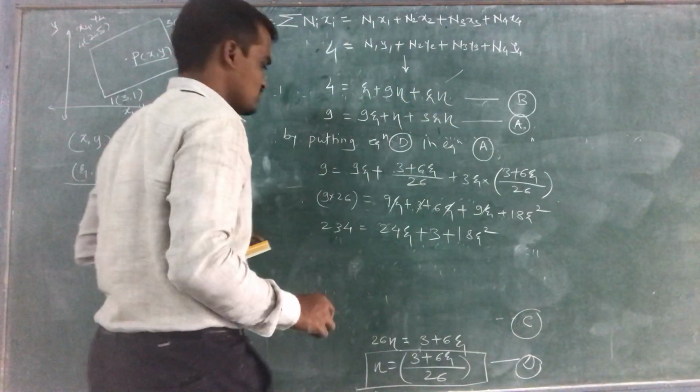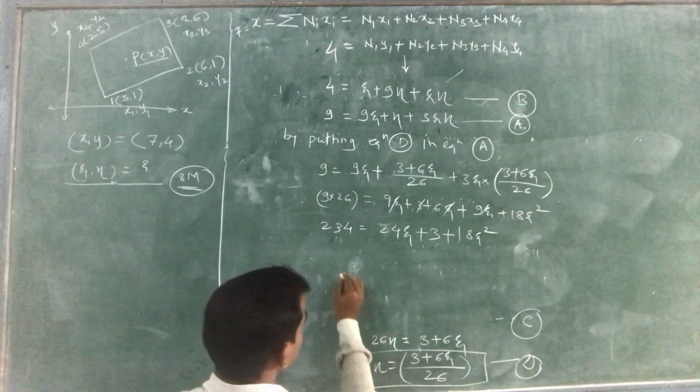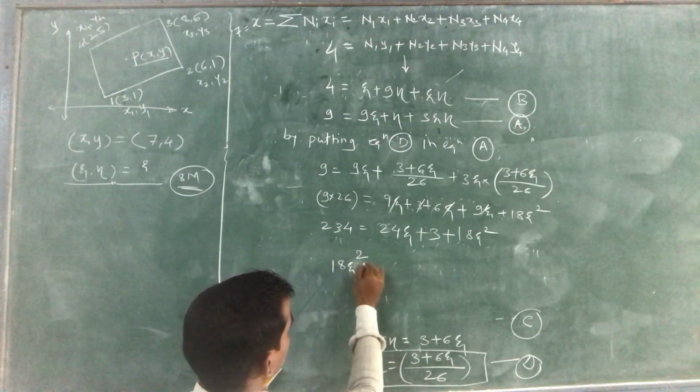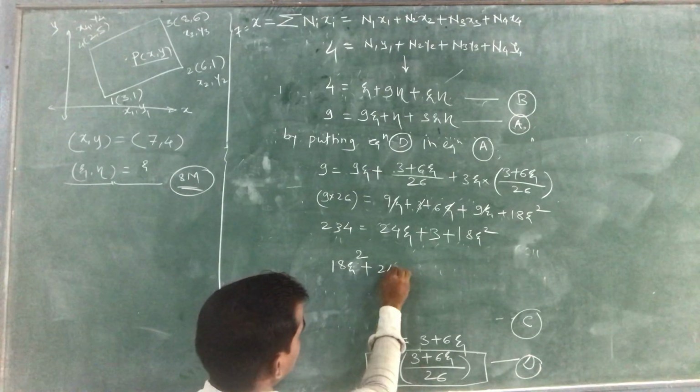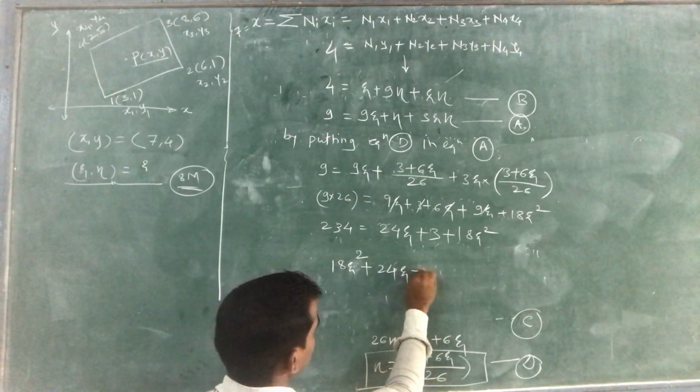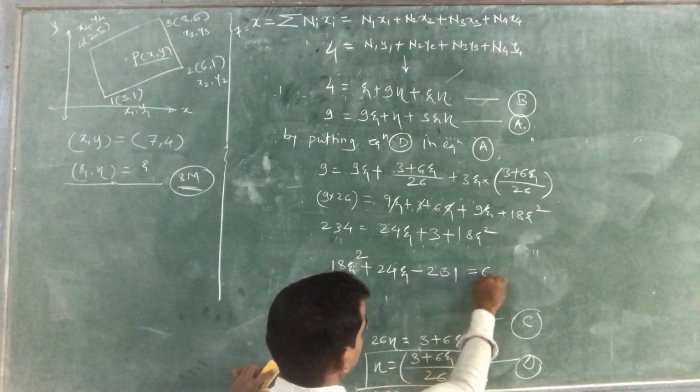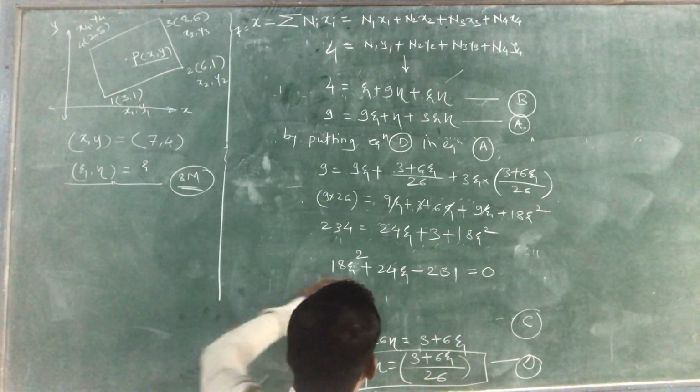So finally you will get one quadratic equation: 18 zeta square plus 24 zeta minus 231 is equal to 0.